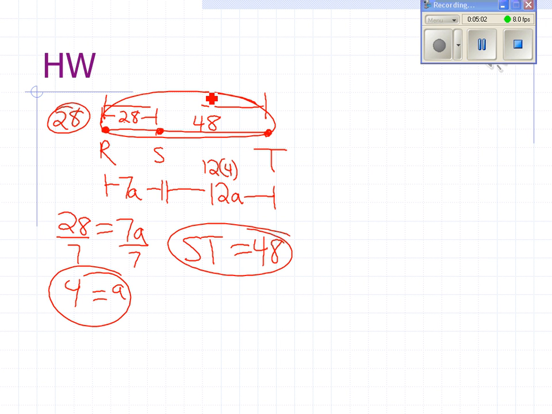Problem 20. Find the precision measure and explain its meaning. So it says 3.75 meters. Remember, to find the precision number, take one of the very smallest units, and then you multiply that by 0.5 or a half.